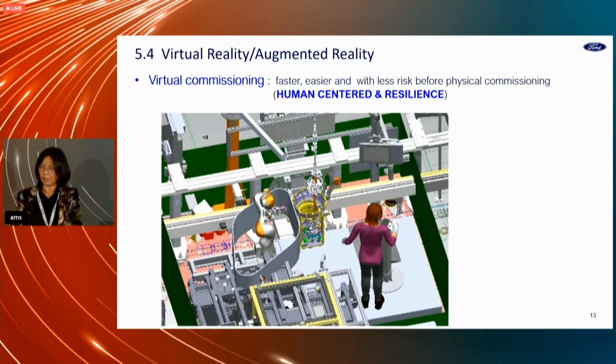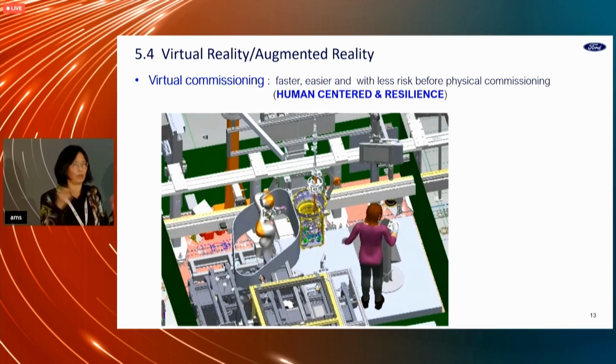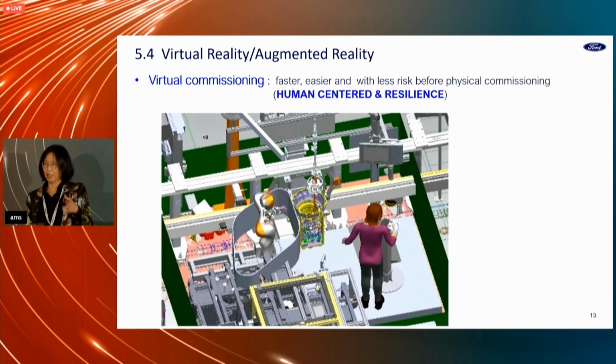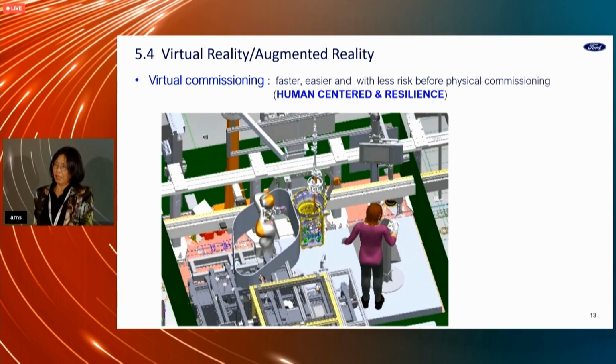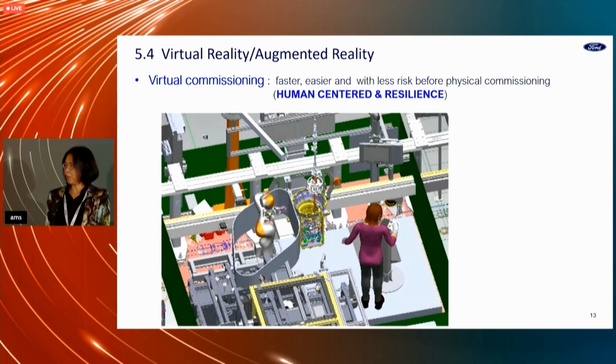We can put them into the 3D model, go through any issues and modify the design. At the moment, some vendors are capable of delivering those models, but some are not. So that's something you probably need to consider.